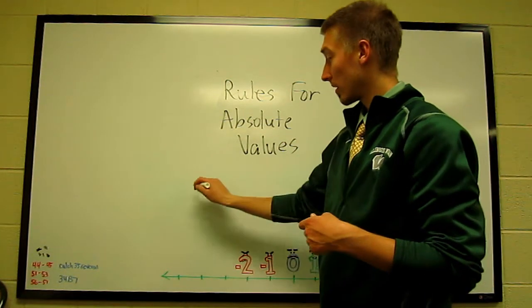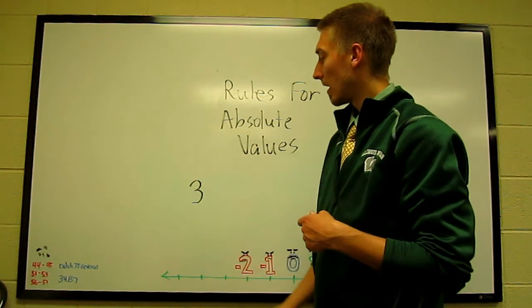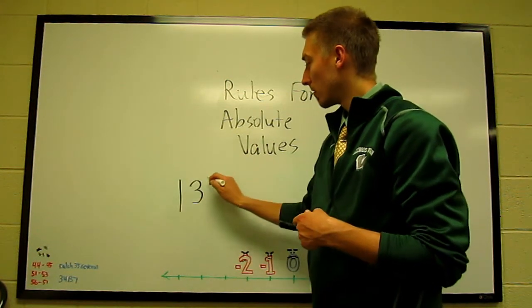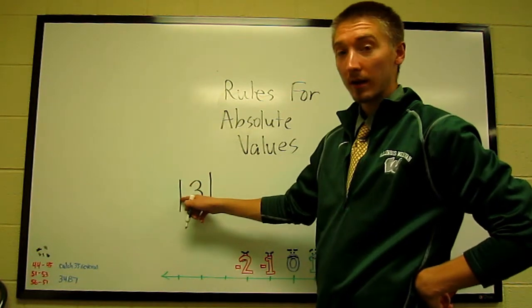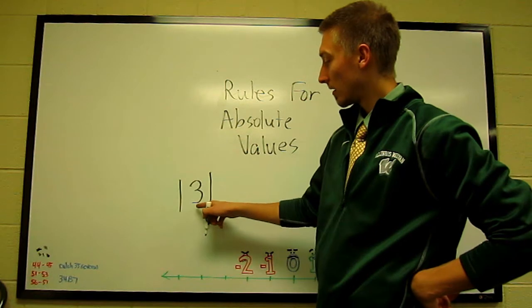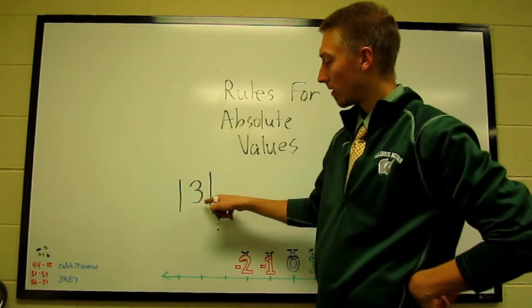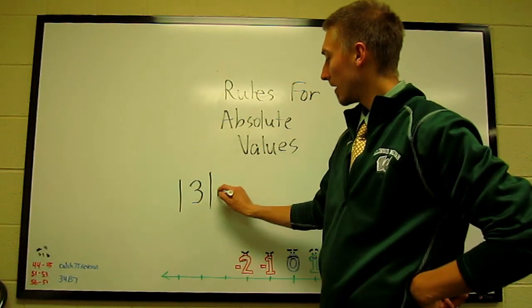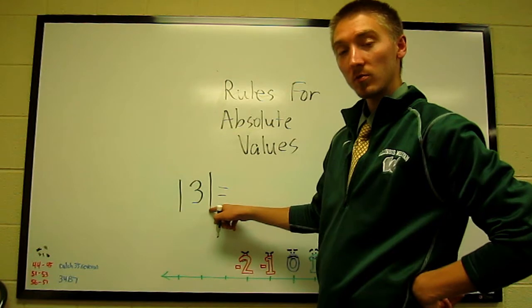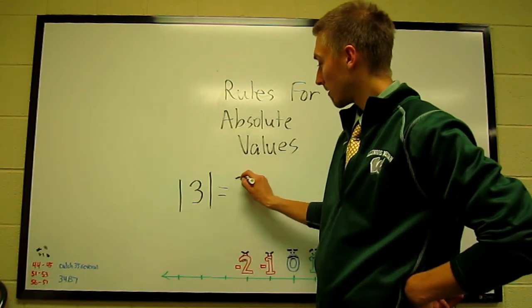If we have a number that is greater than 0, so say we have 3, and we take the absolute value. In math, this symbol, a straight line, then a number inside, and then another straight line, means the absolute value of 3. And if our number is positive, that just means the distance from 0 of 3 is going to equal 3 units.